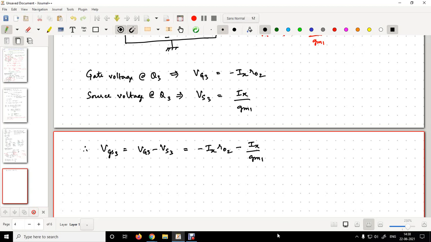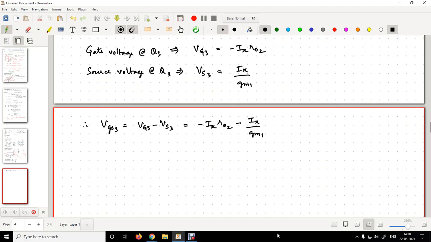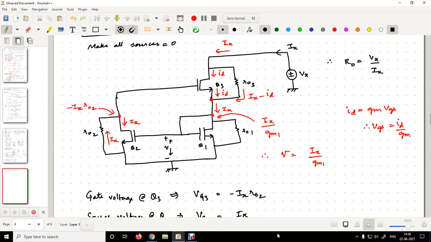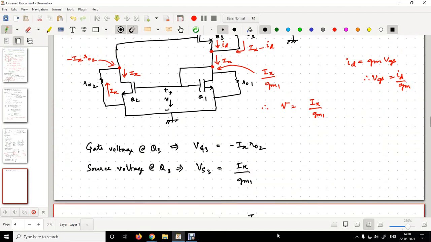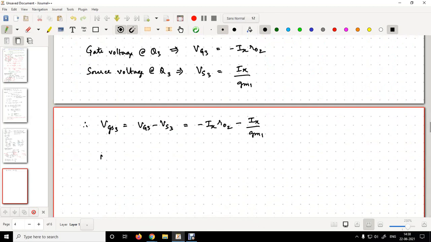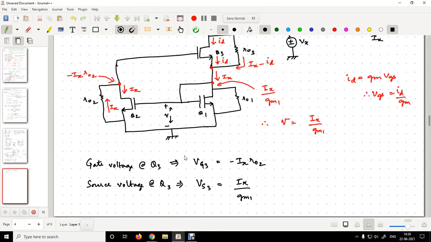I hope this is clear. Then in that case, I know what is VGS3, right? Then if I look at transistor Q3, I'll better write it like this, ID, right? Drain current is ID.